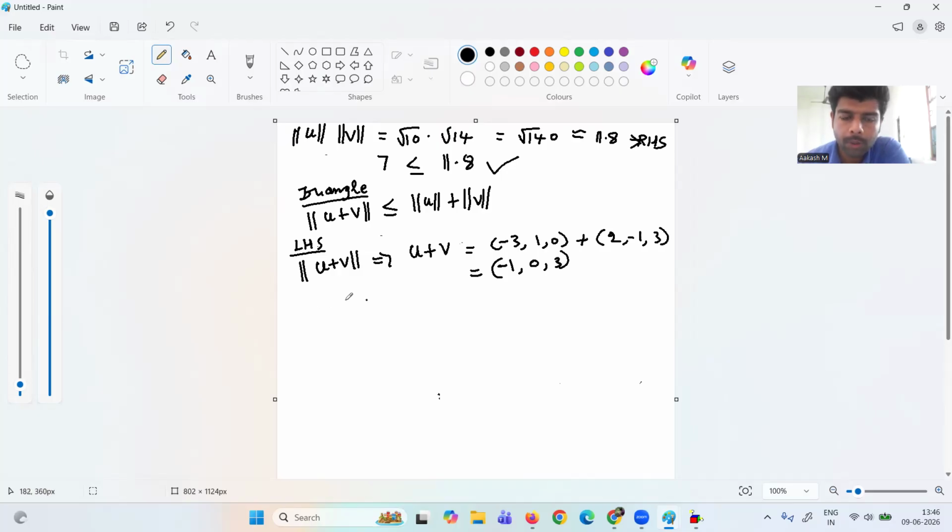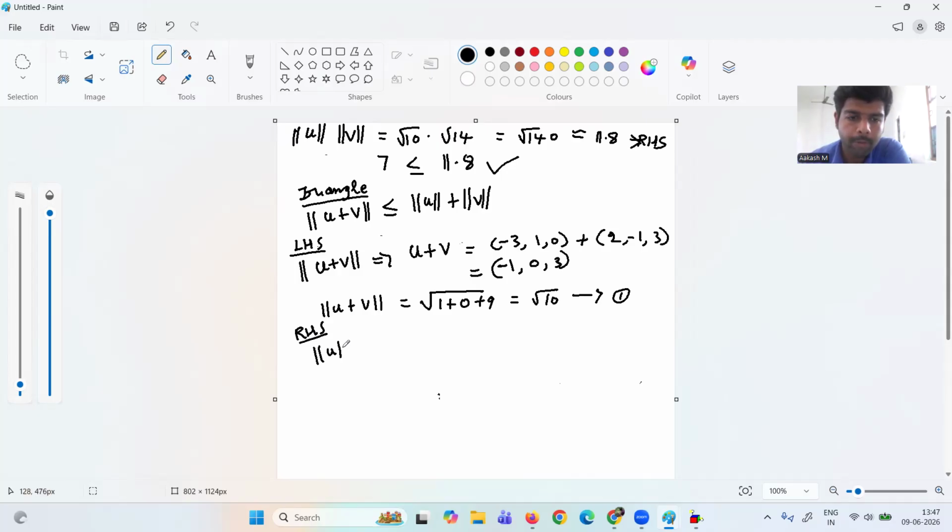Now immediately find the norm of u plus v. It is equal to the root of the squares of the corresponding terms: -1 into -1 is 1, plus 0 into 0 is 0, 3 into 3 is 9. So root 10. This is your LHS. Now you take the RHS.